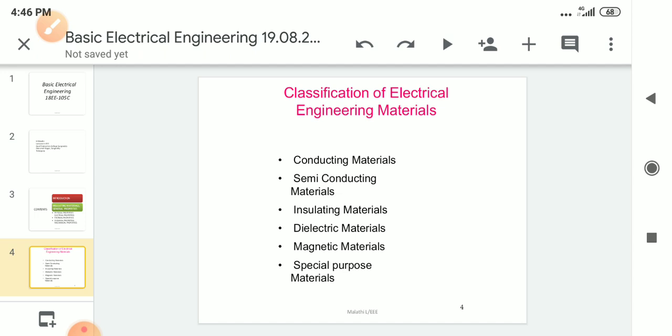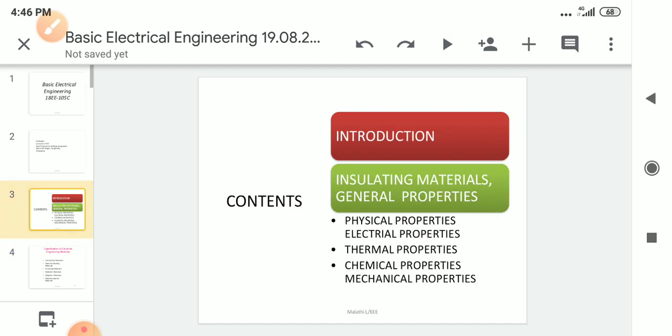The technique to select the right material out of an ocean of materials is to know the properties of the materials. That's why we have to study the properties of these insulating materials. If we study the properties, then only will we be able to select the correct one. So many types of insulating materials are available in nature and in the market, and we have to select the right material from them.